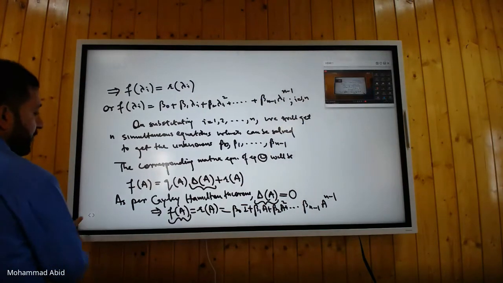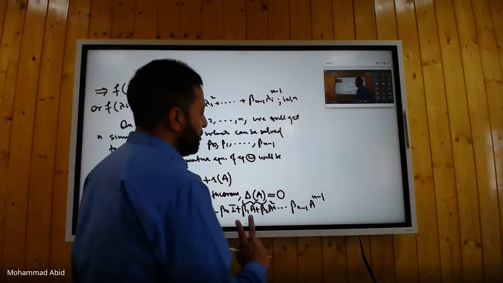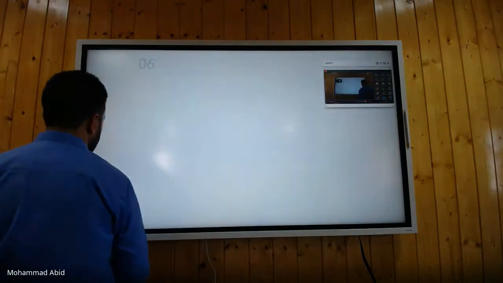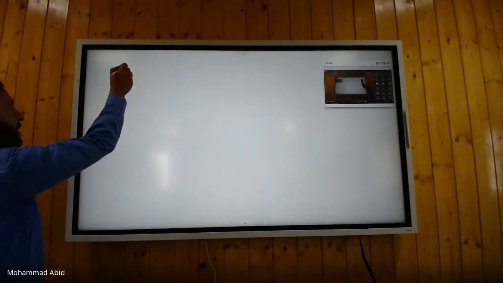Let me try to illustrate all this procedure with the help of an example. So far we have taken the case in which the eigenvalues are distinct. I'll show you another case also wherein the eigenvalues are not distinct. So I'll take an example.